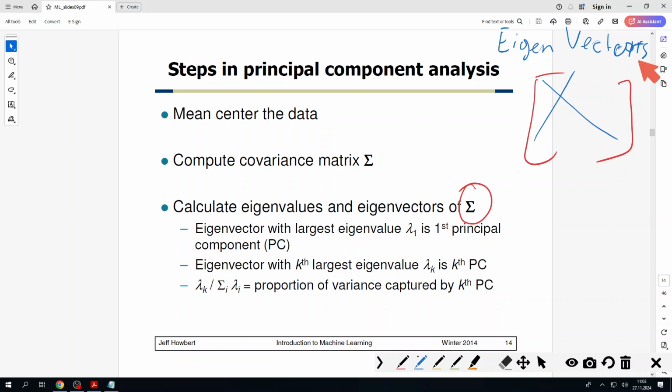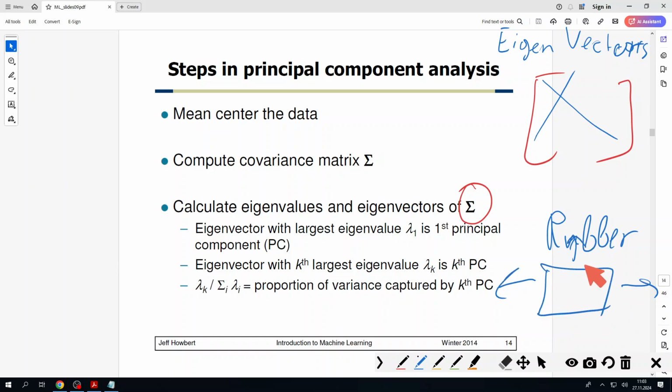You can think of it as some rubber sheet, which you can try to stretch in different dimensions, and in some dimensions it will stretch more than in others. Those dimensions in which it can stretch more are eigenvectors, and those dimensions which almost don't stretch at all are accordingly not eigenvectors.